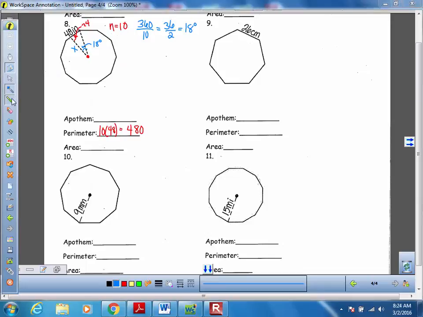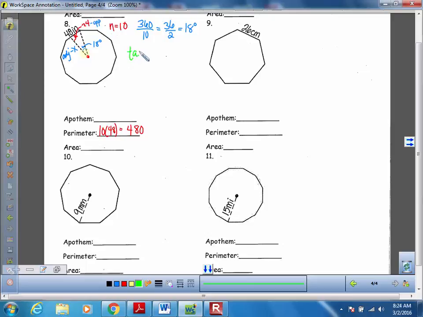Now that doesn't fit 30, 60, 90 or 45, 45, 90, so we're using trig again. If I am looking from this angle here, I know that my side, 24, is my opposite, and x is going to be my adjacent. So again, the only trig function that uses opposite and adjacent is tangent.